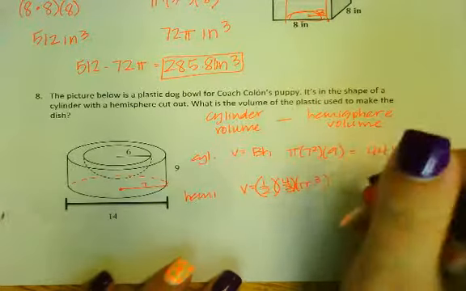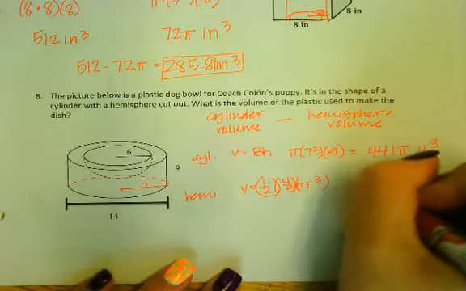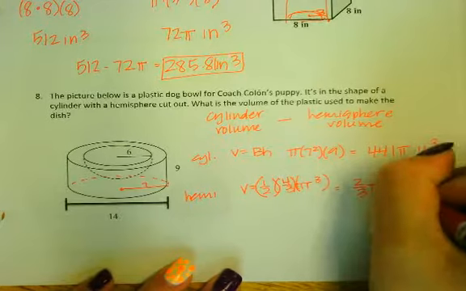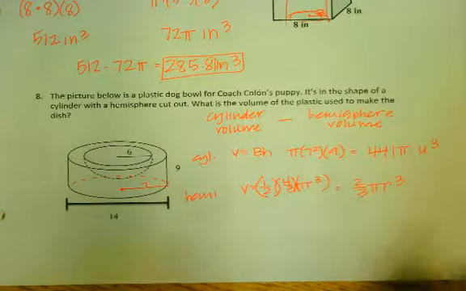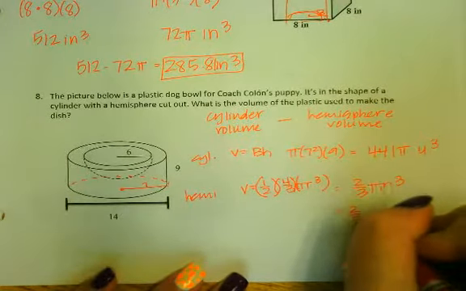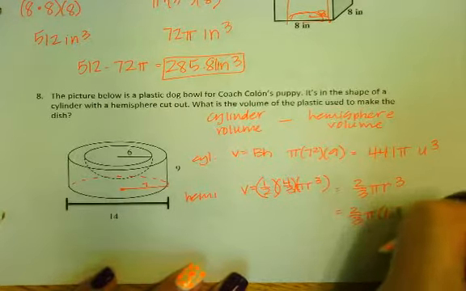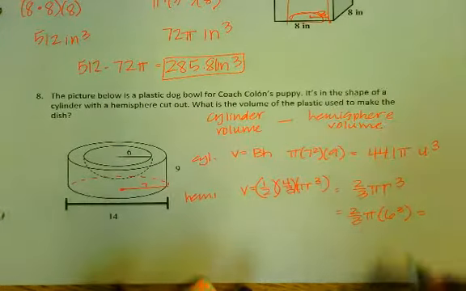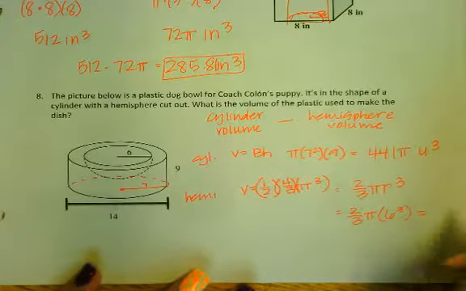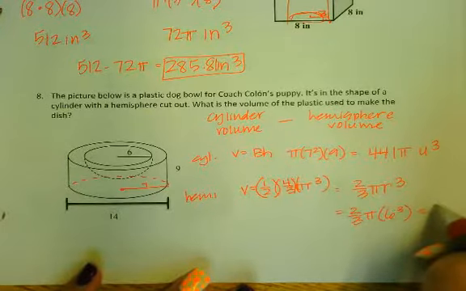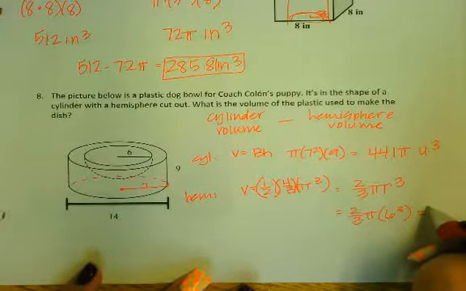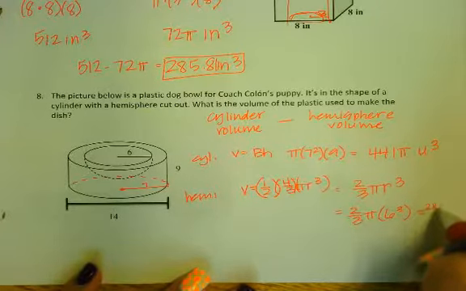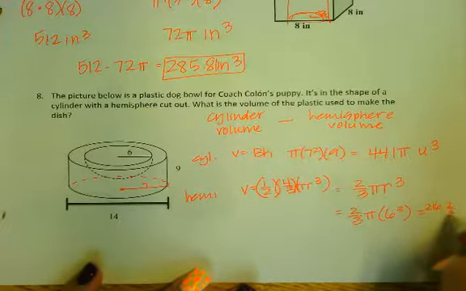What's my radius? Okay, so somebody put that in the calculator. 6 cubed is what? 216 times 2/3 pi. So 216 times 2 is what, 432 divided by 3.